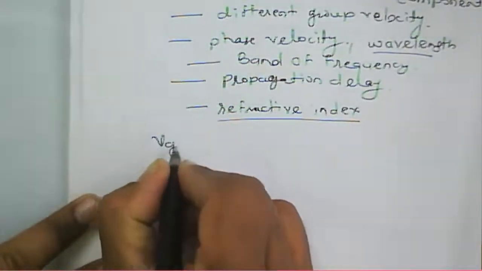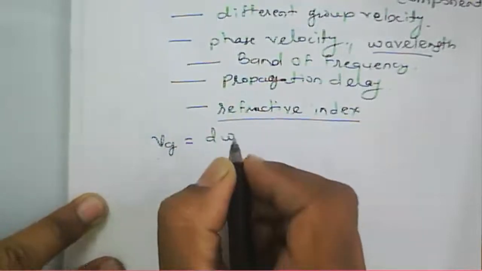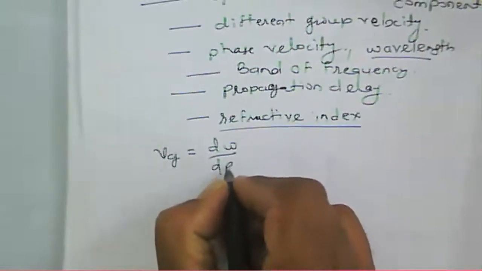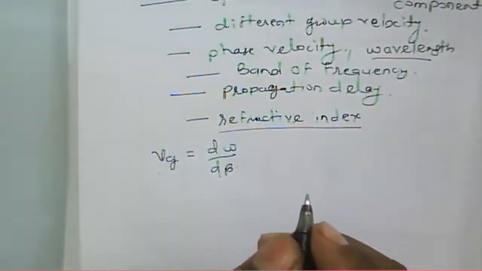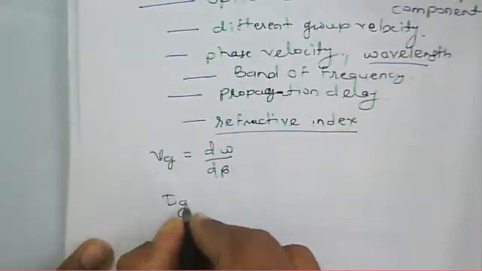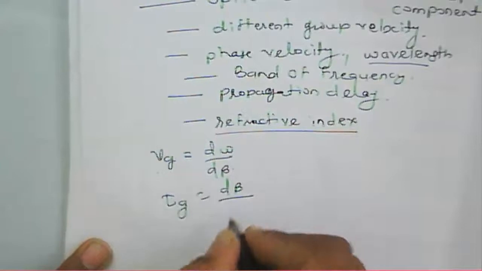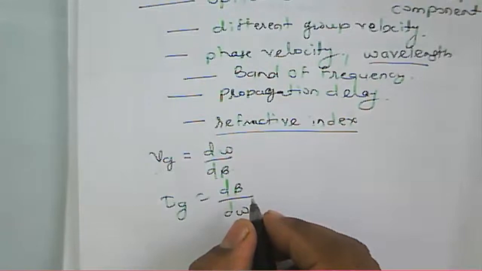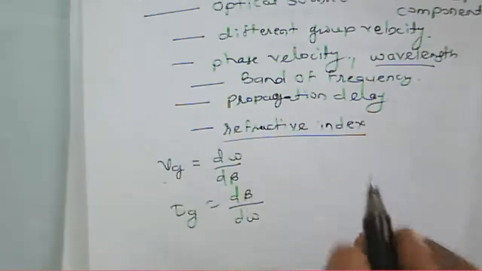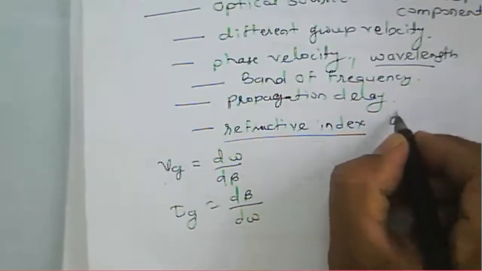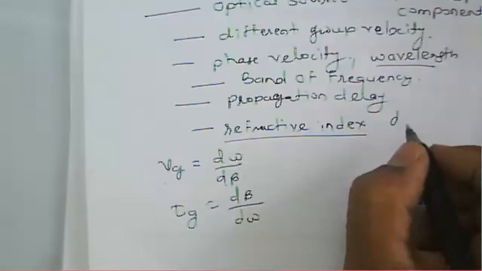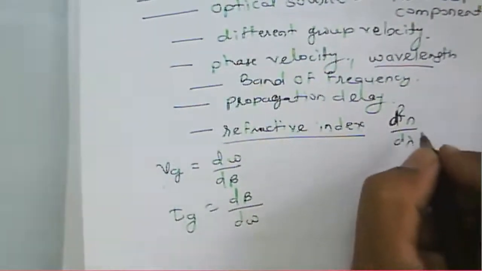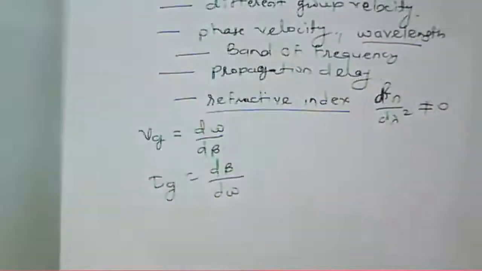We calculate the group velocity from d omega by d beta, as we know earlier, and the group delay depends upon the change of phase with respect to omega. And the refractive index variation should be non-zero, meaning d square n divided by d lambda square is not equal to 0.